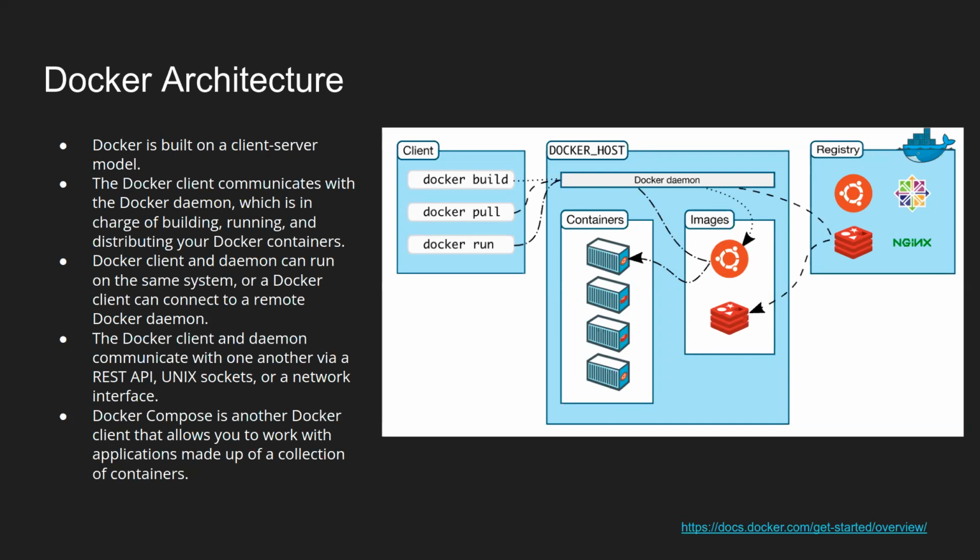They use their own low-level APIs and so on and so forth. If you really want to get to the bottom of understanding the Docker architecture, I added a link there. Anyone is welcome to go check it out.